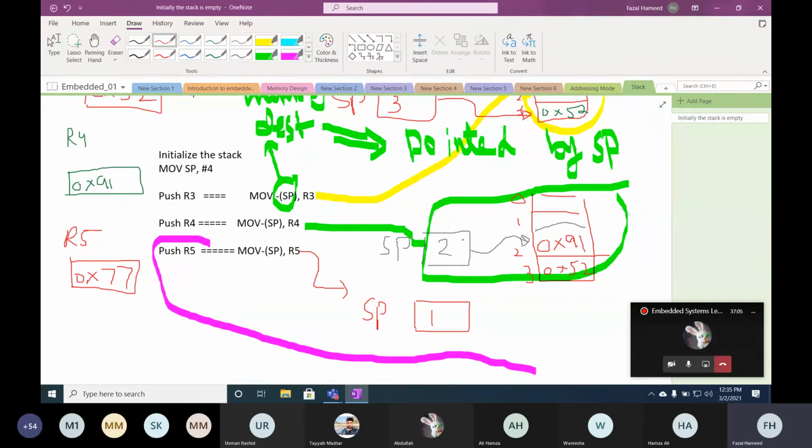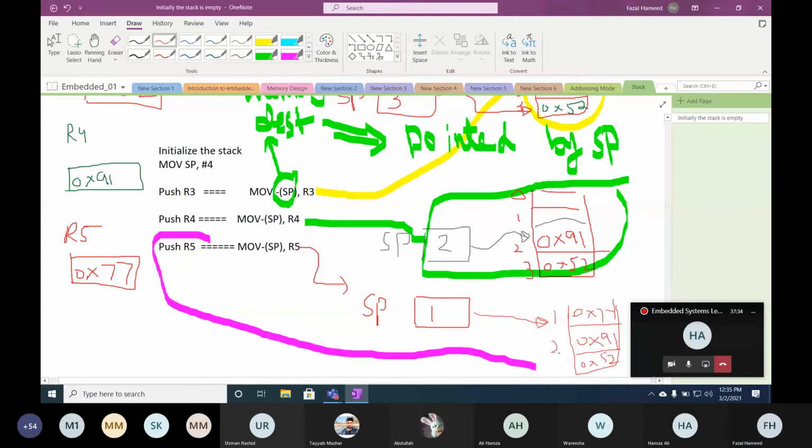Now the status will be 0x52, 0x91, and which element will be inserted now? 0x77 will be inserted. What is the corresponding address? 1, because 1 is pointing to this location. Then 2 and 3, and the first element is now empty.